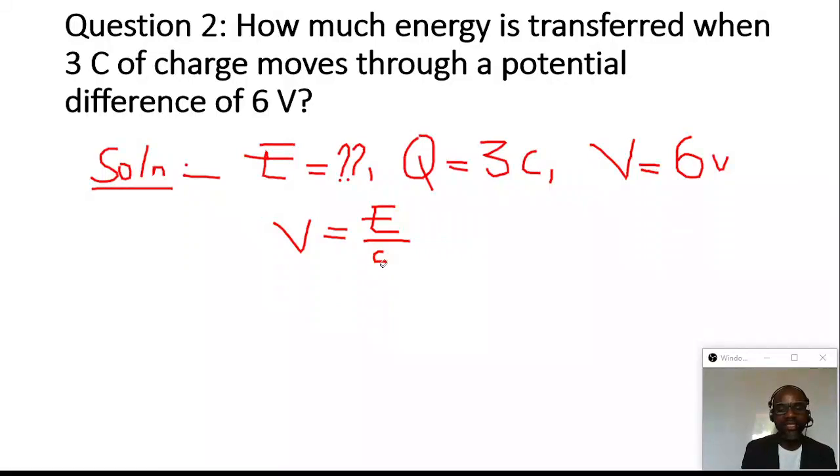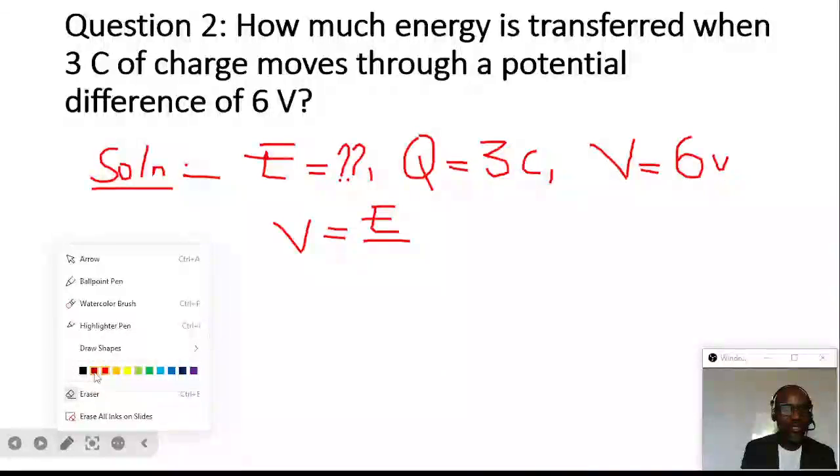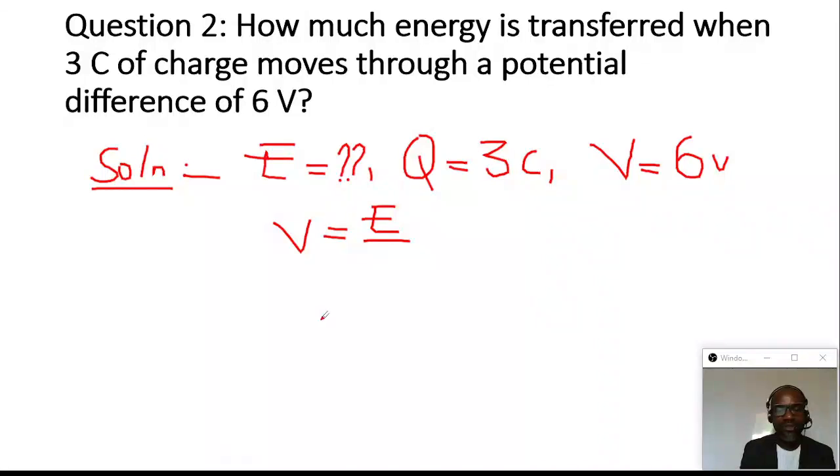And that is another important aspect of this. We are going to represent charge here as Q. So we are looking for what? Energy. This is the one we are looking for. E. We are looking for E. So we can't use this formula this way.